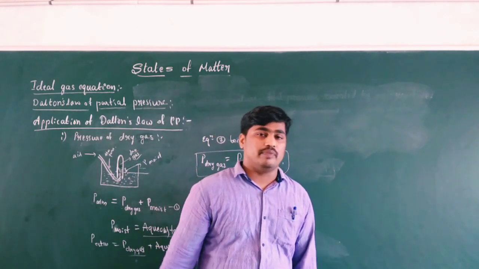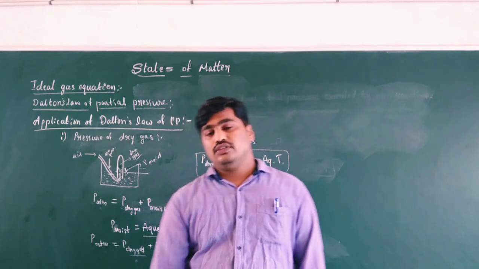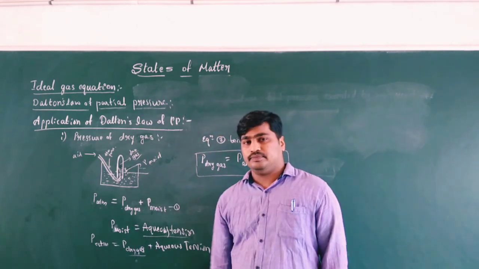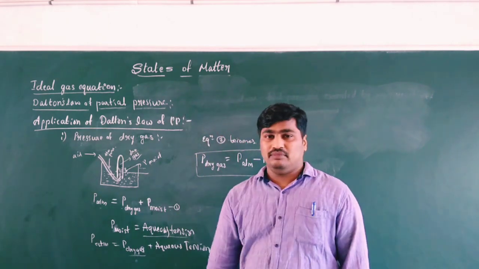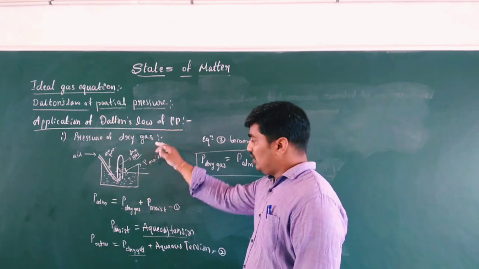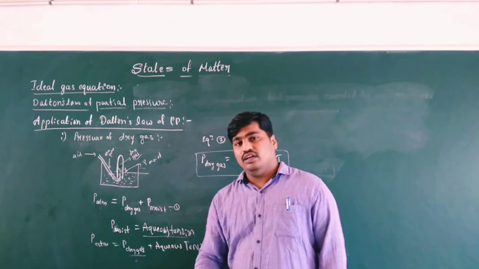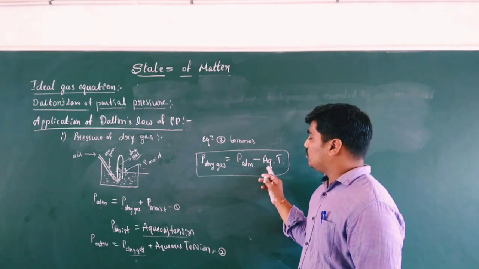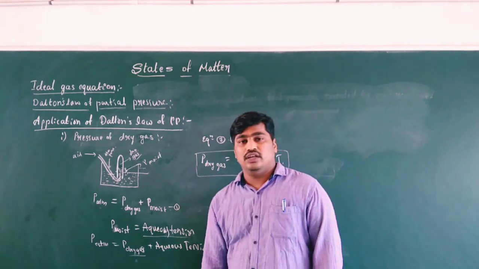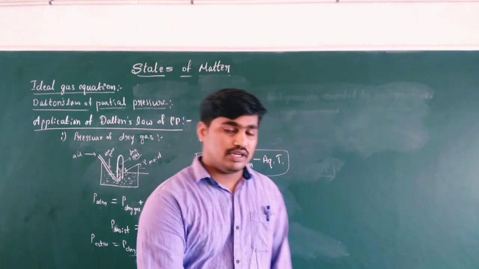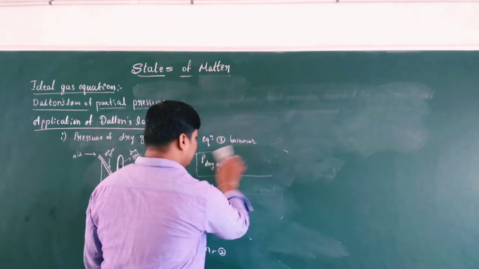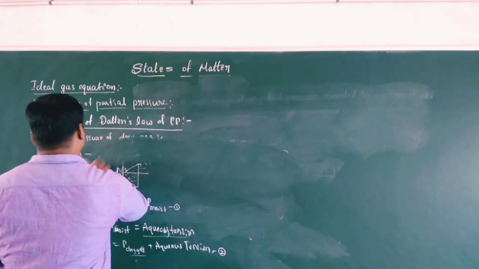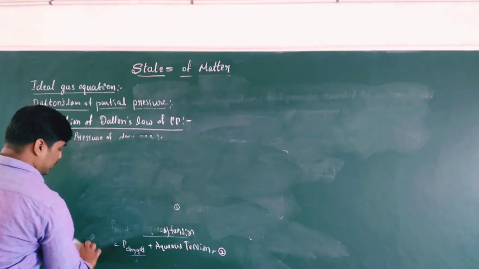This is the application of Dalton's law. These other things are not needed; for understanding purposes I am using this diagram. This much is enough: pressure of dry gas is equal to pressure of atmosphere minus aqueous tension. Aqueous tension is nothing but the pressure exerted by saturated vapors. This is the one application.